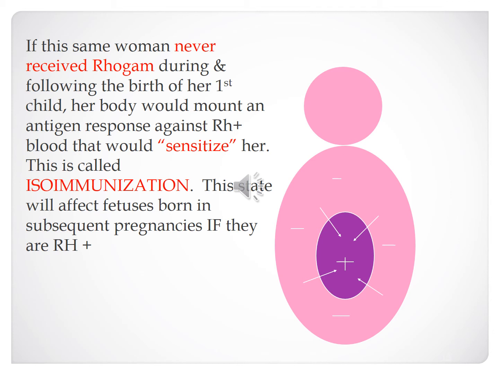So she's developed these antibodies against antigens from the same species, right? From the human species, meaning blood. And so this will affect subsequent pregnancies if those fetuses are Rh positive.